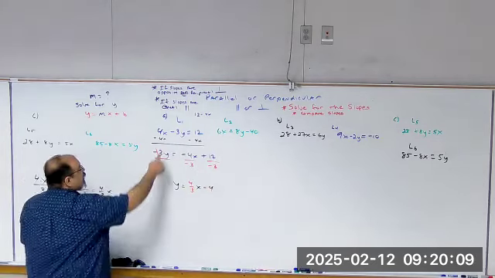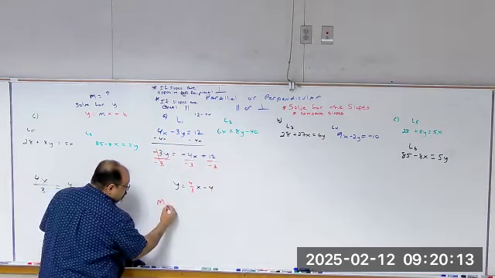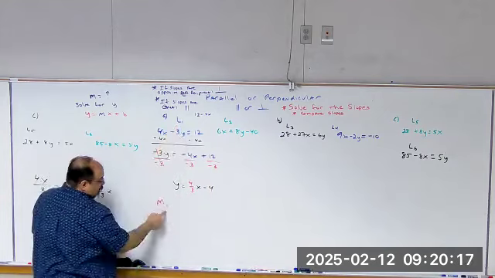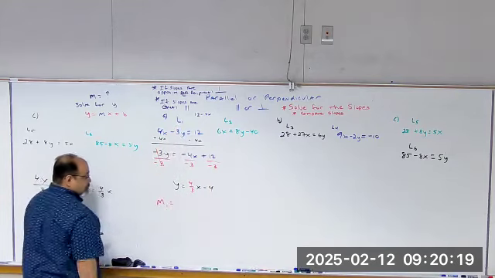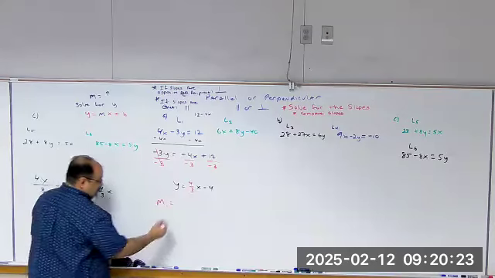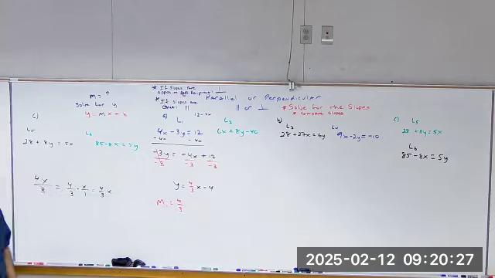So the slope of line 1, m sub 1, that way I know it's the slope of the first line. M sub 1 is what? 4/3. That's all you do on the slope.